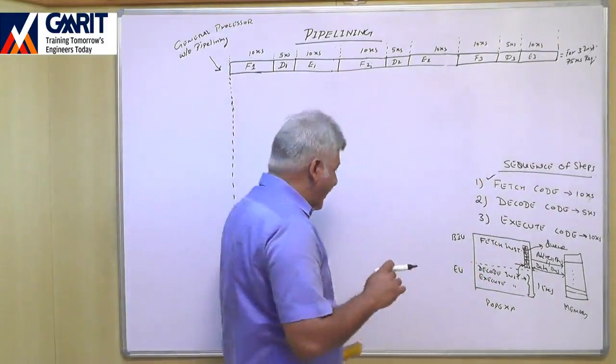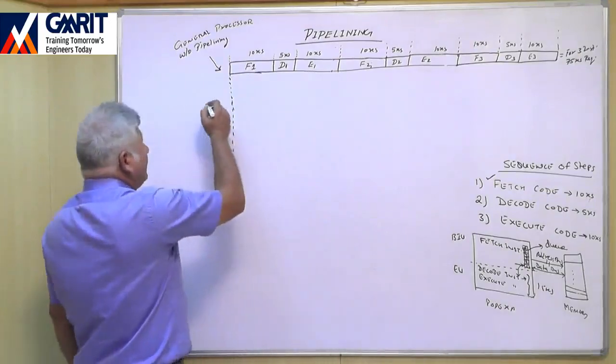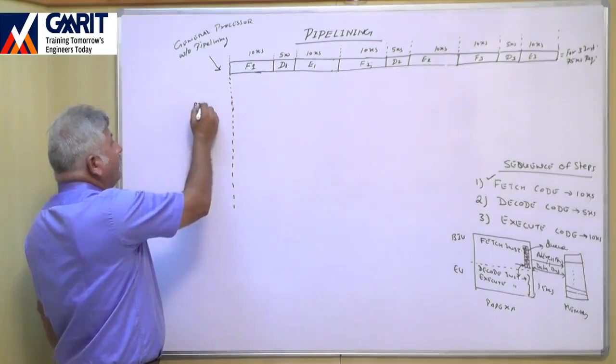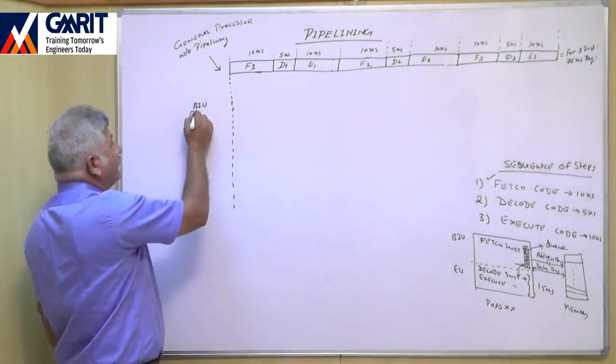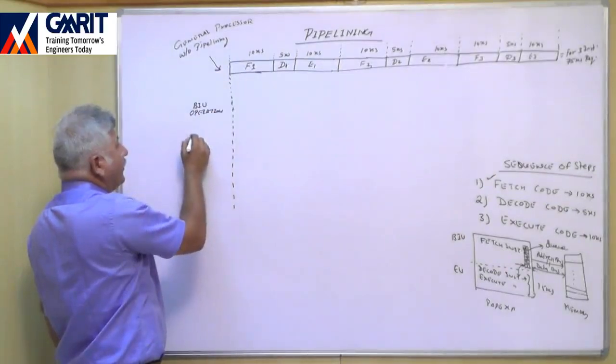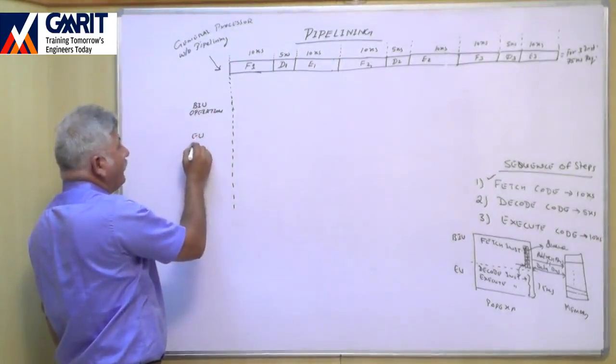So now see what will happen. Here we have the BIU operation, and here we have the EU, execution unit operation.